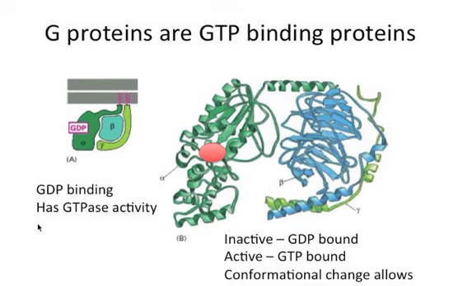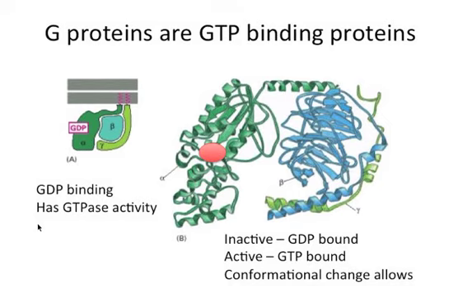Thank you. Hydrolyzes GTP. If you hydrolyze GTP, what do you get on the other end? GDP. Okay, right. So that's GTP to GDP. So when you're inactive, you're GDP bound, and when you're active, you're GTP bound.